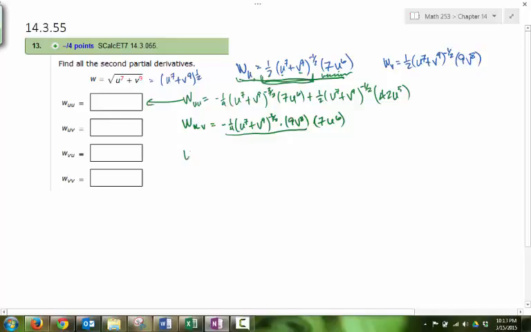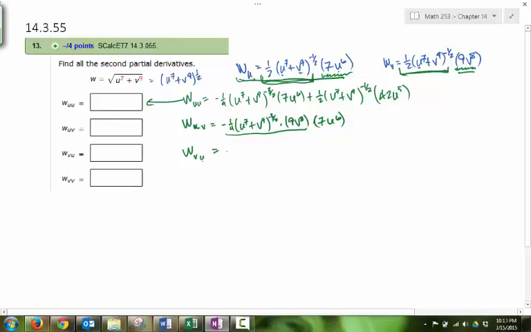Now let's take the derivative of w sub v, that's this term right here, with respect to u. So if we take the derivative of w sub v with respect to u, again this is constant, so we need to take the derivative of this with respect to u.